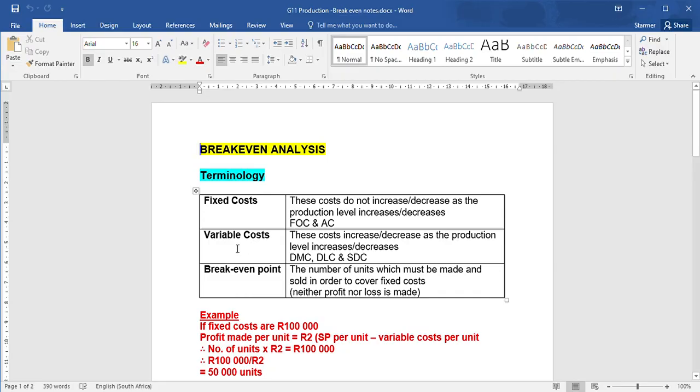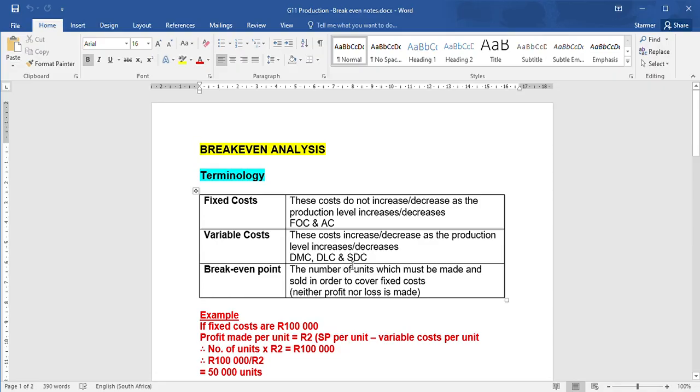Variable costs, those are the ones that increase as you produce more or decrease as you produce less. So if you think about this, if you're making one item, you're going to use far fewer materials than if you're making 100 items. Likewise, you probably only need one worker to manufacture one item, but more workers if you're going to manufacture 100 items.